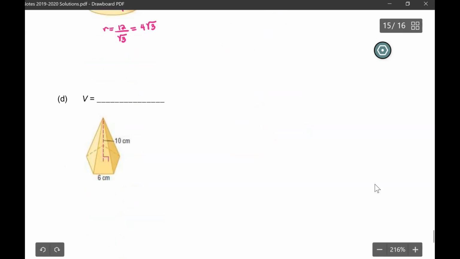Okay. D, this is a pentagonal prism. I see that the base is a pentagon and each side is 6 centimeters. So we go way back to finding the central angle, right? 360 divided by 5 is 72.